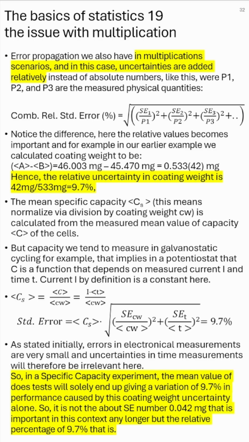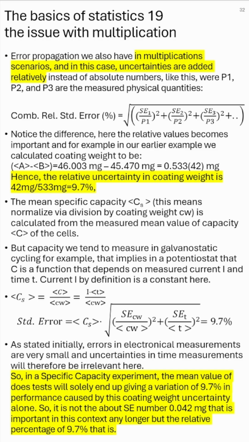It turns out that we add the relative standard errors. And by that I mean we take the standard error of the measured mass, for example, the mass of the uncoated coin, and divide that by the mean mass of the coin. So that percentage, that is the relative uncertainty that we're having.